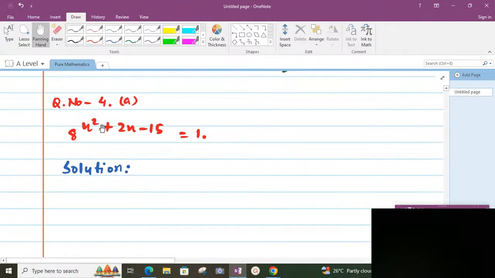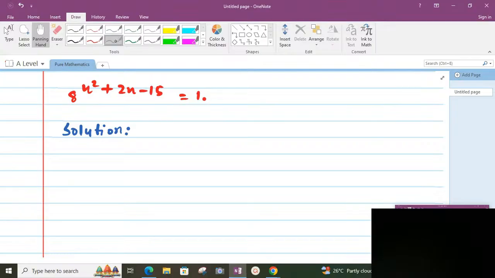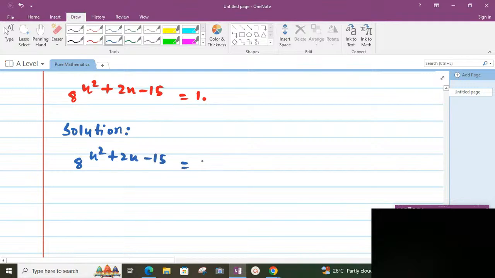So here will be 8 to the power x square plus 2x minus 15 equal to, we write down 8 to the power 0, and we write down here 0 power to any base equal to 1. This concept is applied here.